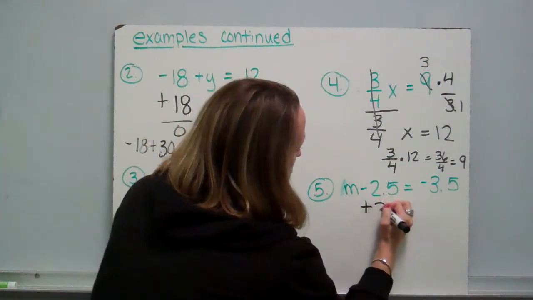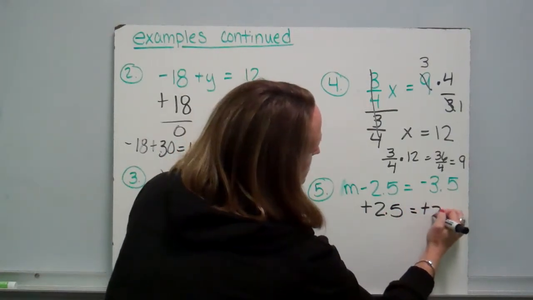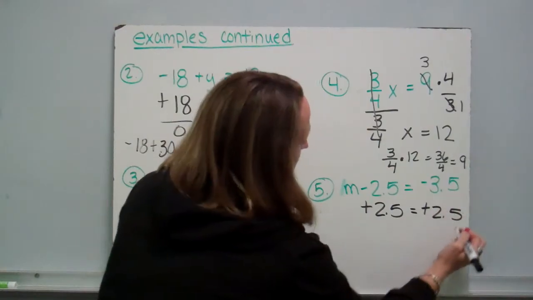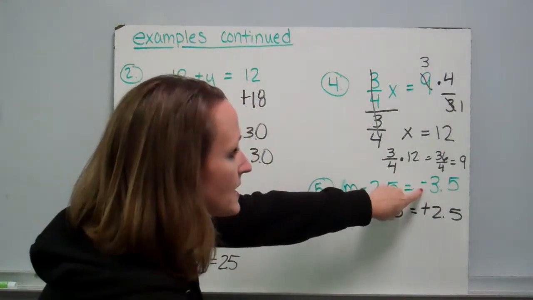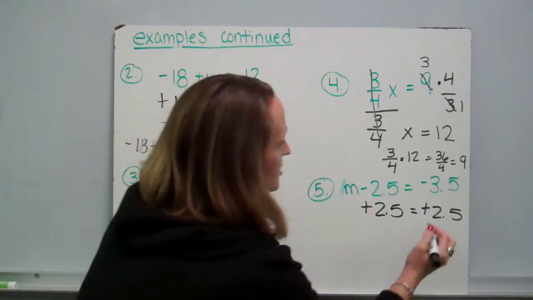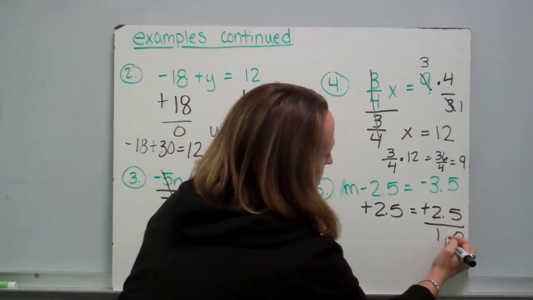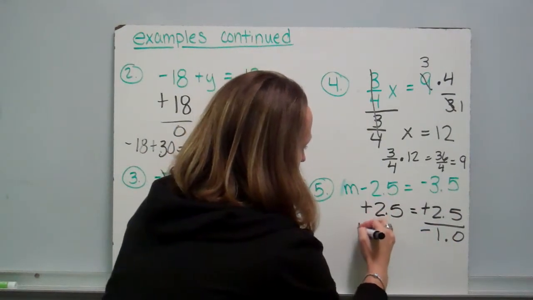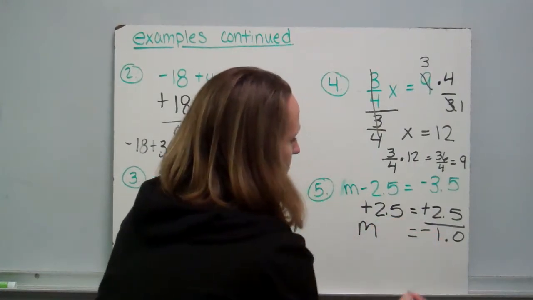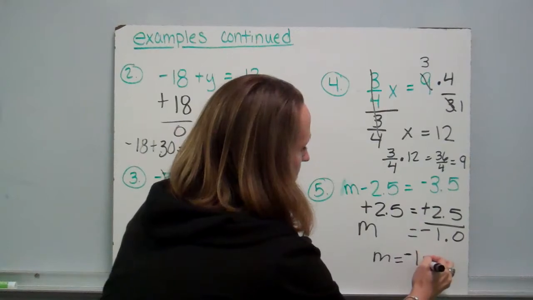So plus 2.5 here, plus 2.5. Okay. Different signs, subtract and keep the sign of the larger number. So 0, 1, keep the sign of the larger number, bring down my m, bring down my equals. So m is going to equal negative 1.0.